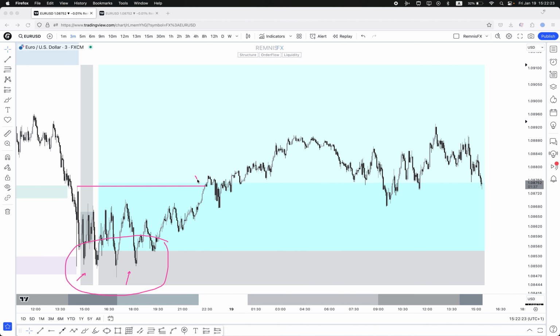So now that price has closed above this year high, I will be a little bit more cautious, because technically price has every reason to come back. But let's see what happens here. Price is reacting from that area, still no liquidity taking place.